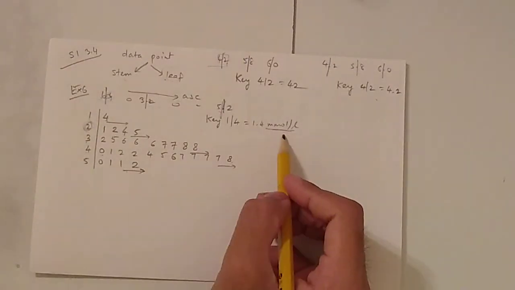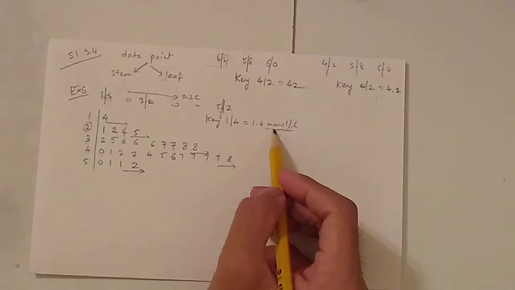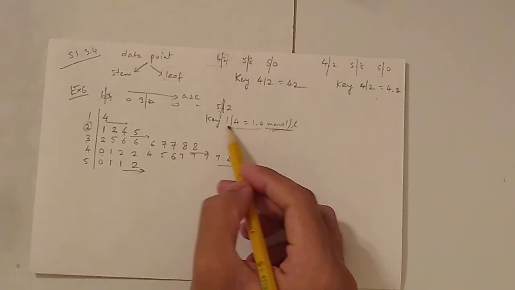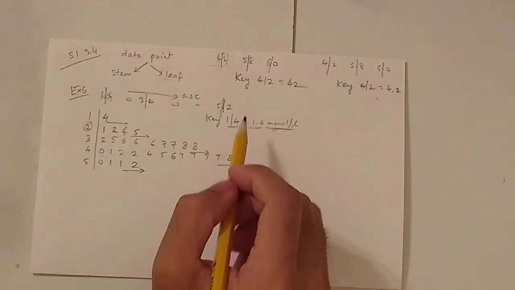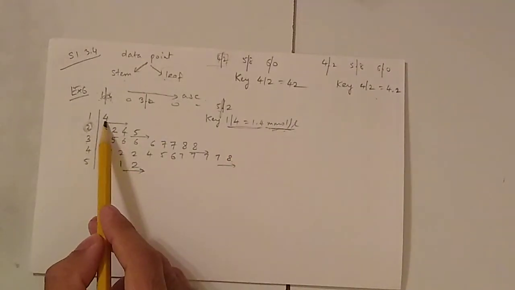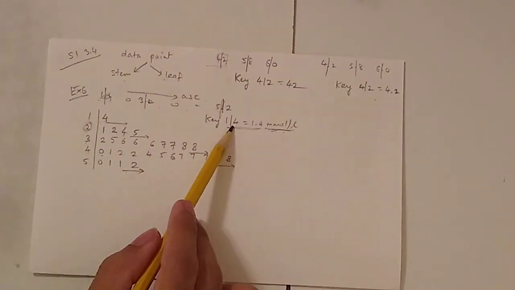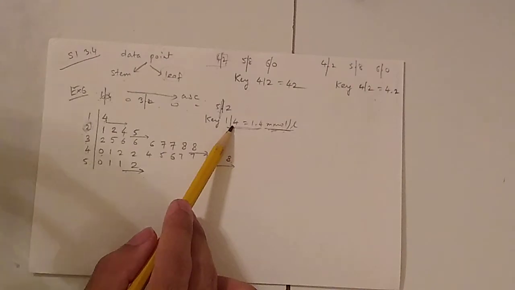So be careful. It's better to write down the unit. This part is definitely important, because just by looking at this I would not understand what 1 by 4 means unless I look at the key. So the key is definitely an important aspect here.